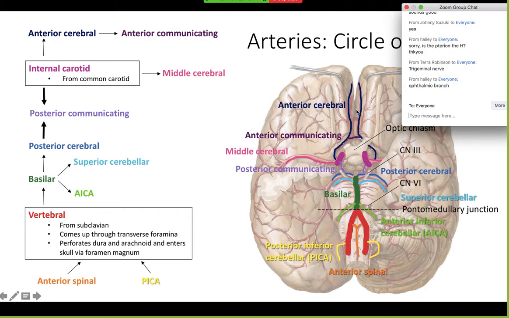But when you do, see how many of these branches you can identify in the brain, and then see if you can find cranial nerve 3, and if you see two vessels surrounding it, then that's going to be the posterior cerebral and superior cerebellar. This is clinically important because if you have an aneurysm here, then this nerve is going to be compressed, which, you can imagine, if you're pressing on cranial nerve 3, you're going to have all kinds of neurological deficits, which I'll talk a little bit more about in coming slides.